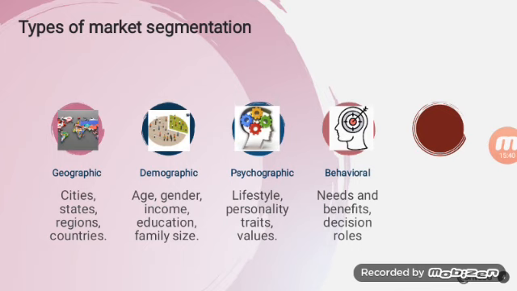Okay, let's look at geographical segmentation, the first part, where you target customers based on the same geographical border. Examples are cities, states, regions, or countries. An example of geographical segmentation is McDonald's.